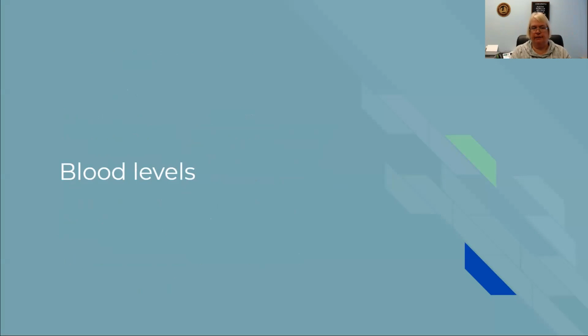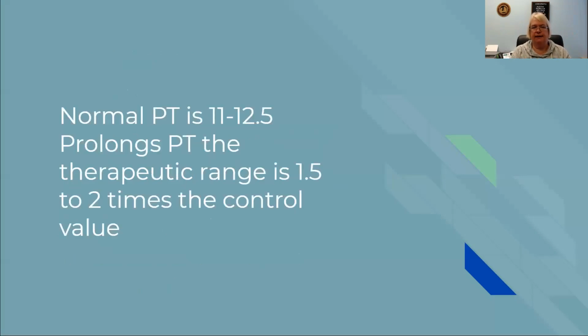Okay, blood levels. PT is 11 to 12.5. This is prolonged, and the therapeutic range is 1.5 to 2 times the control value. So whenever you see a PT on a question, you're going to multiply the low number by 1.5 and the high number by 2.